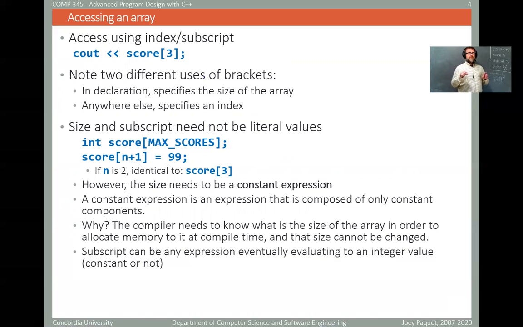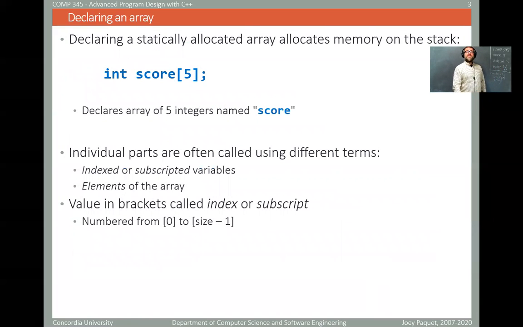So yes, both use square brackets, but they don't have the same meaning, so they don't have the same rules. In particular, when you define the size of the array, for example 5, the value that you put here must be a constant. Here it's a literal integer 5, so it is a constant. You could also use variables, but these variables would all have to be constants.